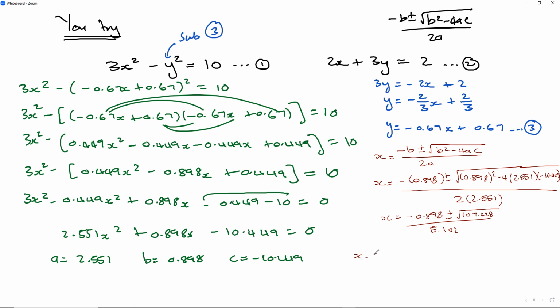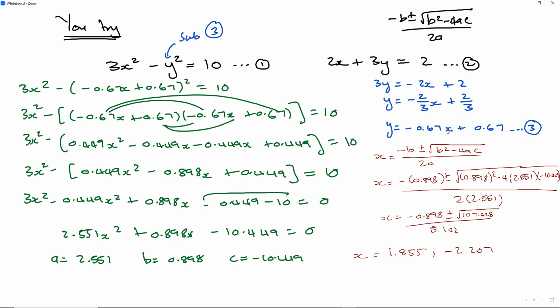This will get me two x values. So using a fraction button, negative 0.898 plus the square root of 107.428 over 5.102 gets me 1.855 as the first x value, and then changing it into negative will get me my second one, which would be negative 2.207.